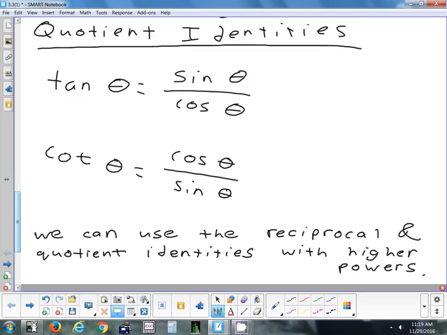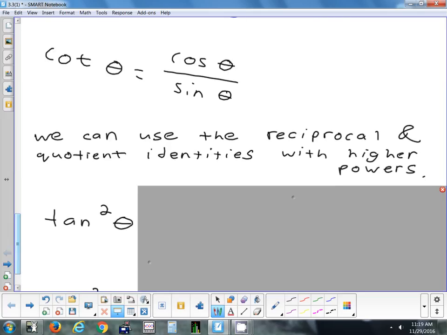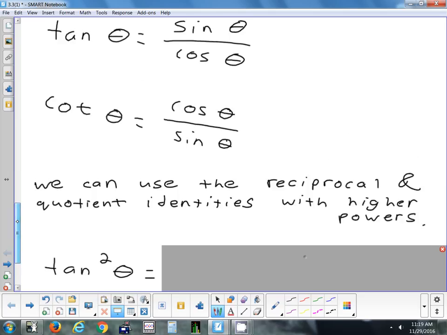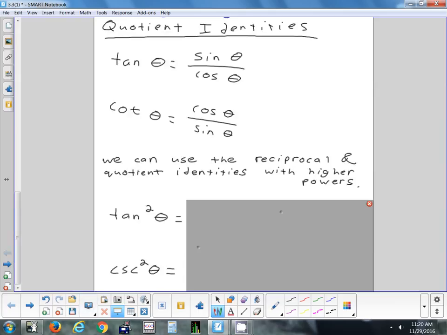So you can also use the quotient and reciprocal identities with higher powers. So for example, suppose you had tangent squared equals, instead of tangent equals. Anybody think they know what tangent squared would be?